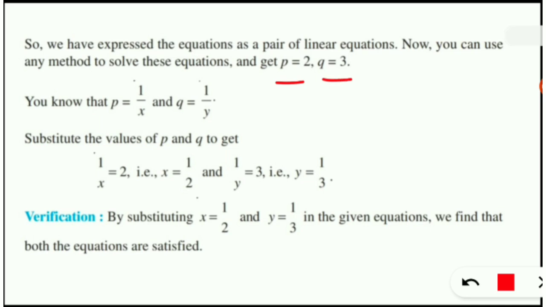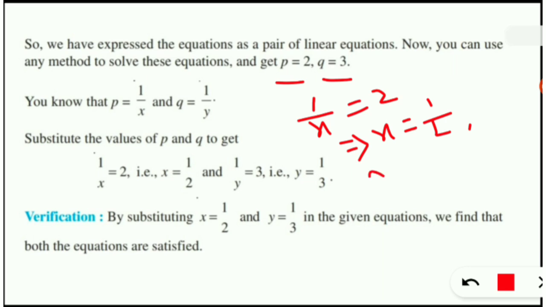and q equals 3. Now we know that p equals 1 by x and q equals 1 by y, because at first we assumed that p equals 1 by x and q equals 1 by y. So since p equals 1 by x, 1 by x equals 2, so x equals half.